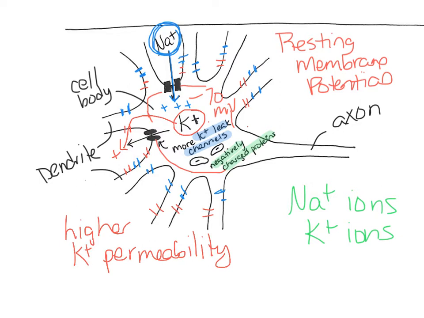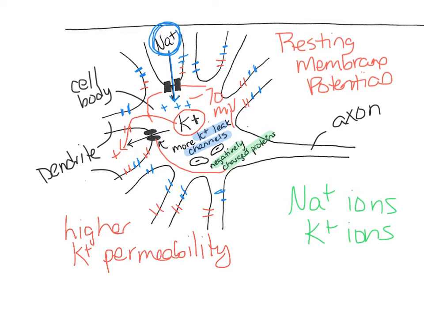So when the question comes up on the exam, what creates the resting membrane potential? Number one, the easy one is there's negatively charged proteins. And then number two, you'd have to talk about sodium and potassium, how sodium moves into the cell, potassium moves out of the cell.